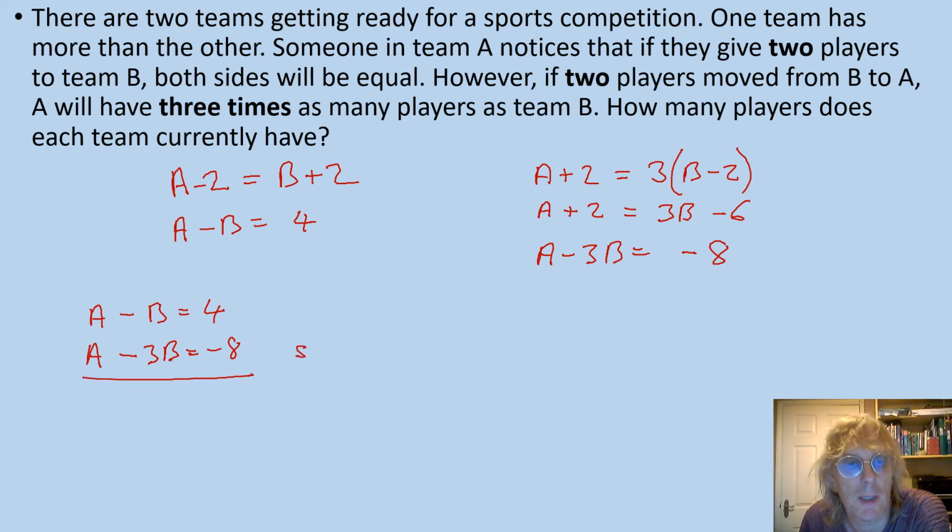Again, I'm going to subtract. So A take away A is nothing. Minus B subtract negative 3B. So we're going to have to subtract the negative, so we're adding, so we'll end up with 2B equals 4, subtract negative 8, so we're taking away negative, so we're adding it, so that we have 2B equals 12.